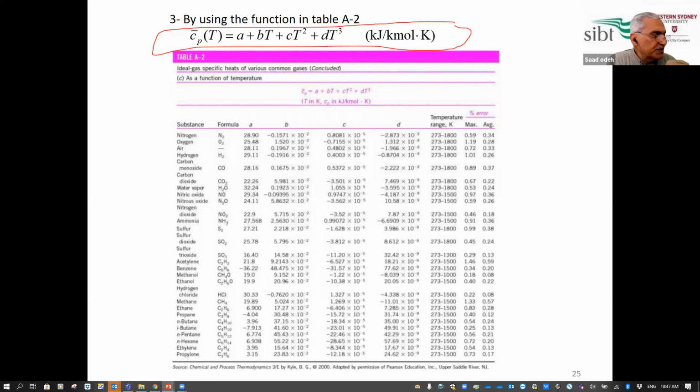You can find these constants from the table here. For a certain gas, each constant is shown in the table, so you can refer to these columns, get the values of these constants for that gas, substitute them in this equation, and then you can get the value of Cp.